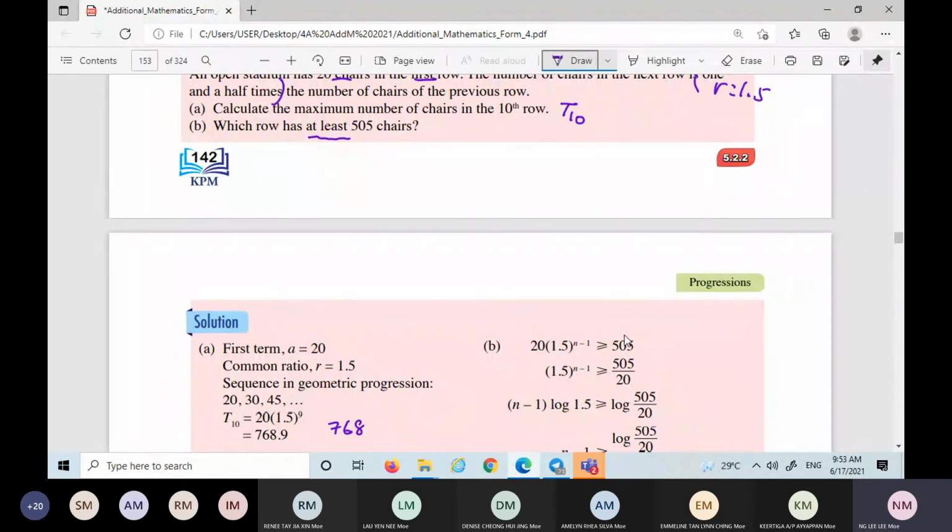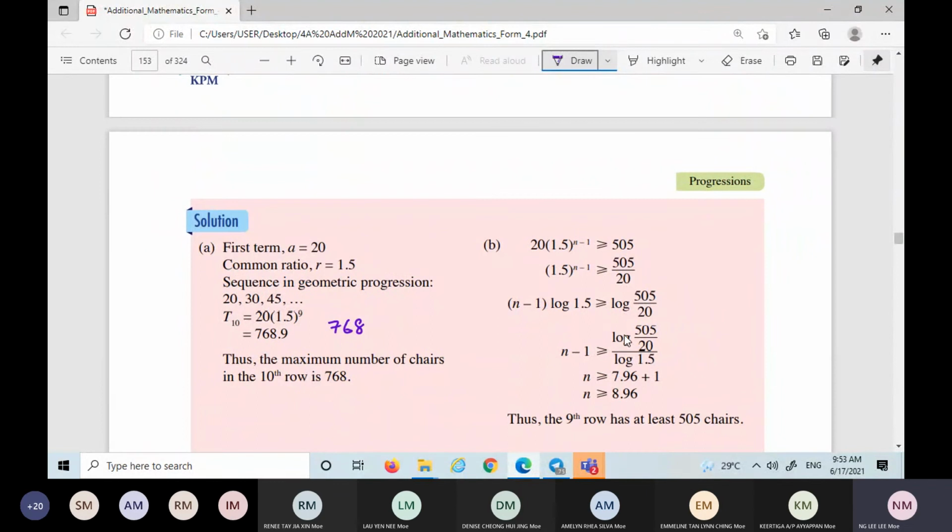Then when we come to this part, you got no choice, you have to use log. When you put log on both sides and you want to move this to the right hand side, you have to be careful. I want you to put a note here. Before you move log 1.5 to the other side, you have to test whether log 1.5 is positive or negative.